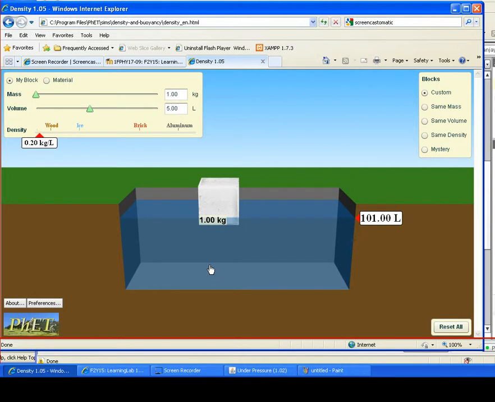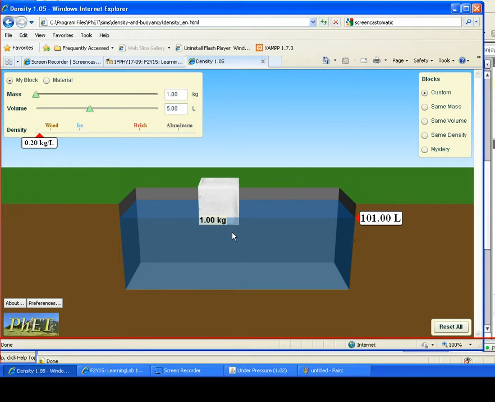Did you see that? Now you should be able to see that only a part of this block is submerged, not the whole block. Notice the tank volume setting, it's 1 liter. So it's clear that the volume of the block underneath the water surface is only 1 liter.